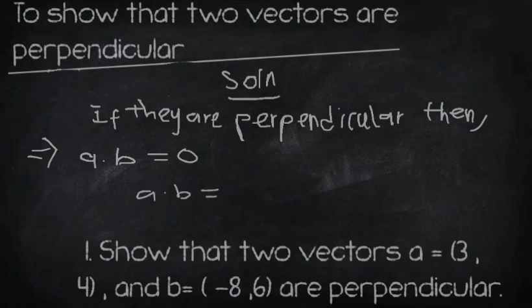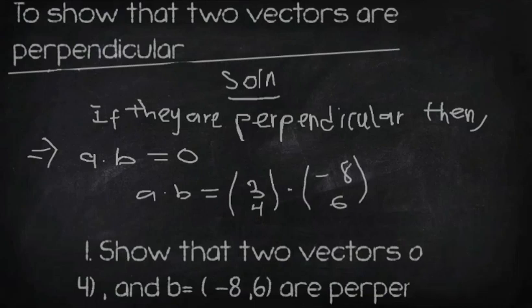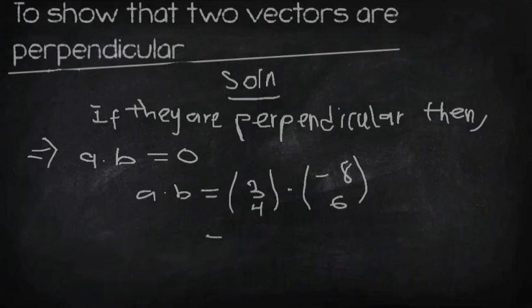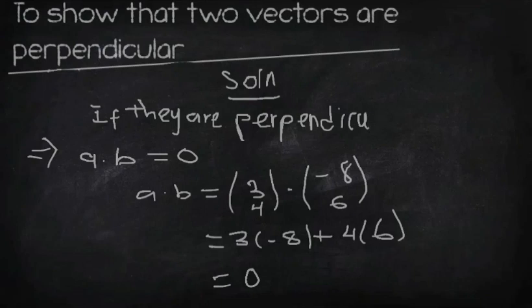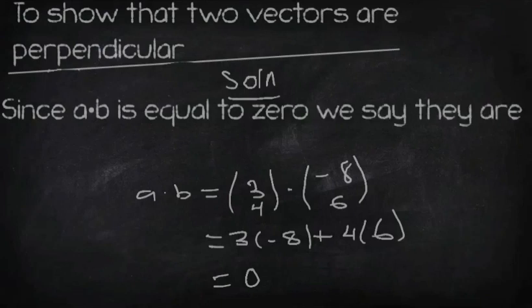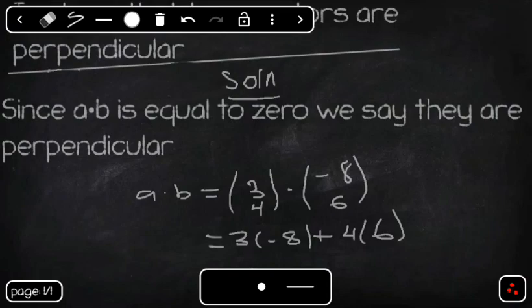So we are solving for it now. A dot B is equal to (3, 4) dot (-8, 6). You know the normal routine: 3 times -8 plus 4 times 6, which is equal to 0. So now we can confirm that these two vectors, since their scalar product is equal to 0, are perpendicular.